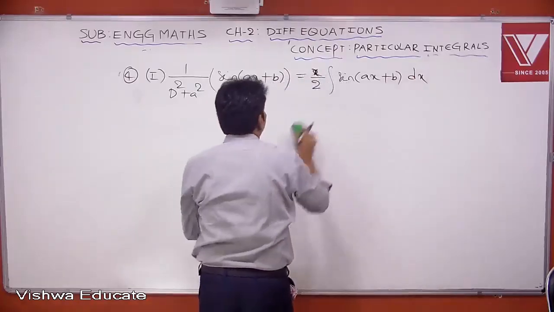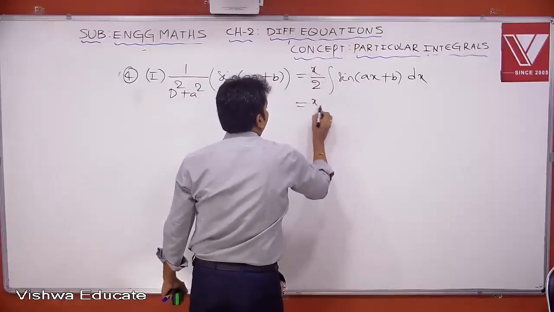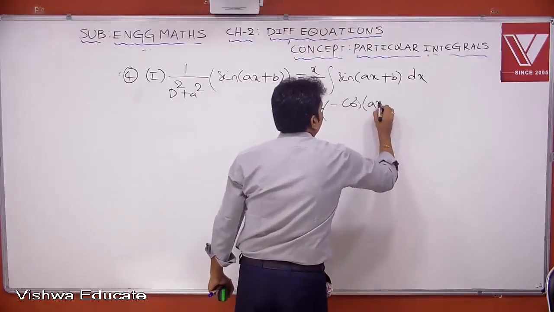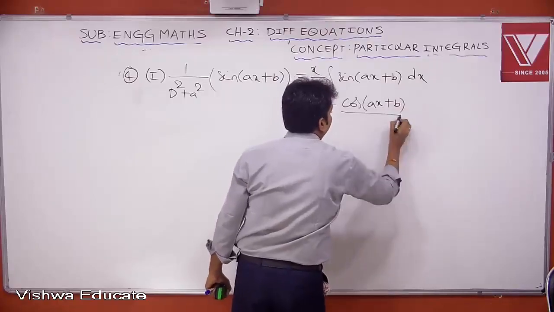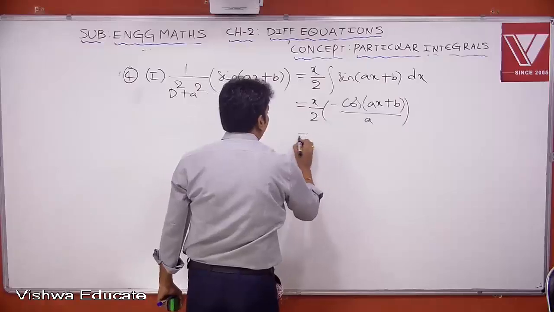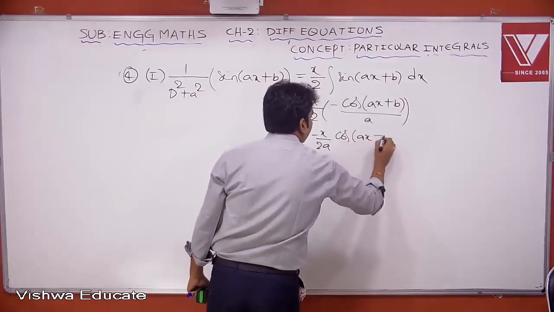The integral of sine is minus cos, divided by the derivative of ax plus b, which is a. So the answer is minus x by 2a into cos of ax plus b.